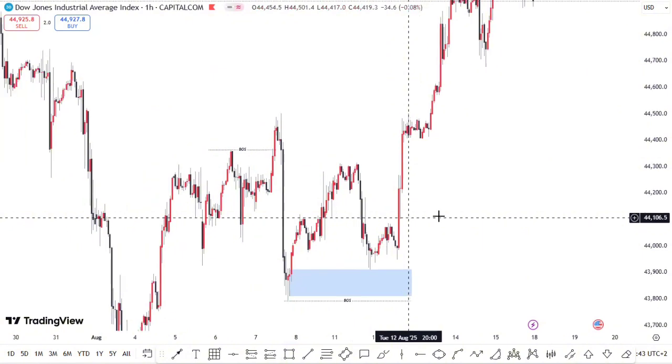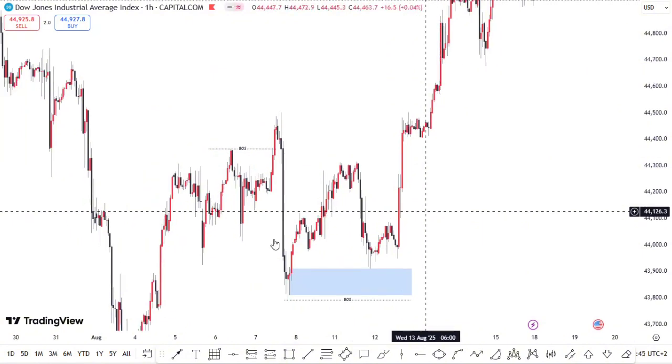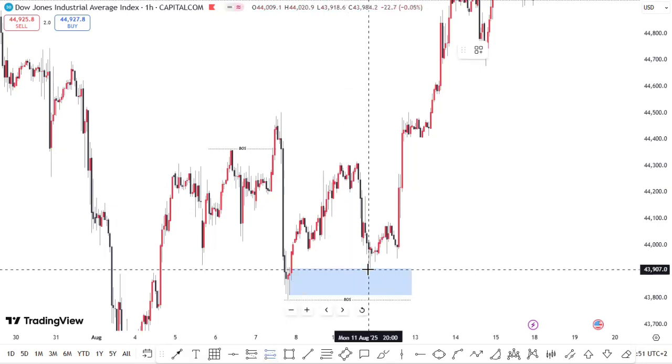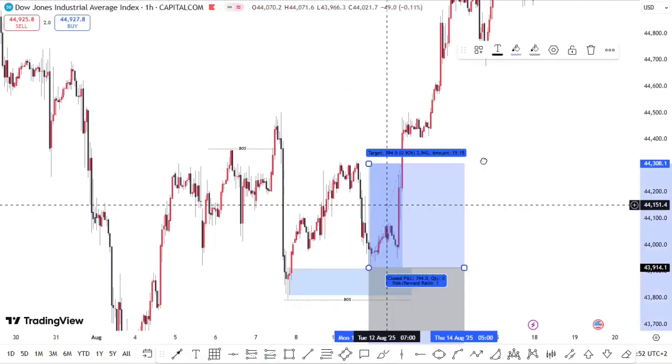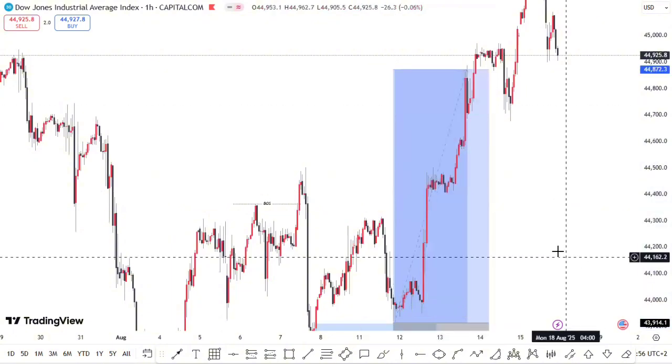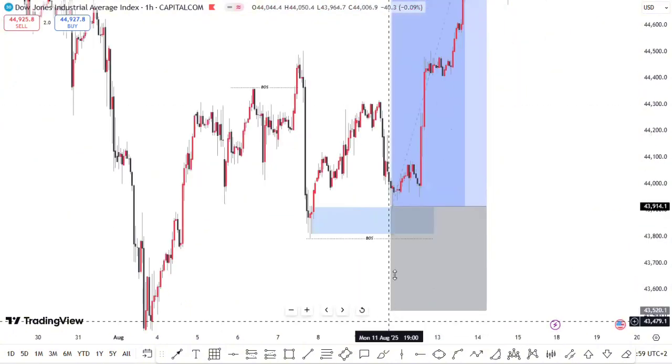So let me take my long position tool there. So watch this massive impulse, guys. This strategy really works, guys.